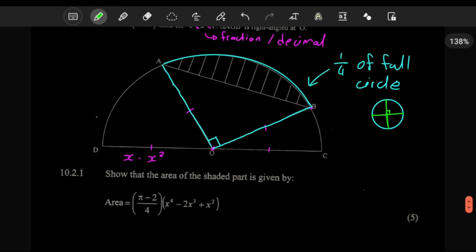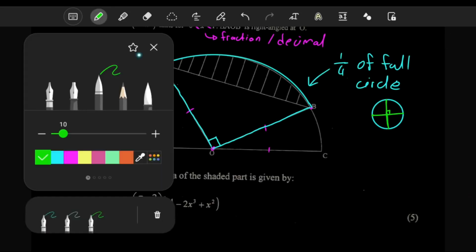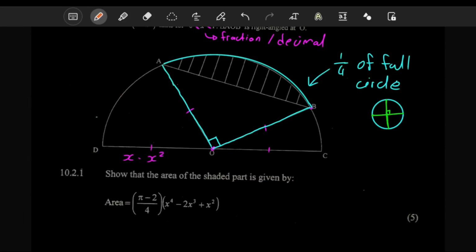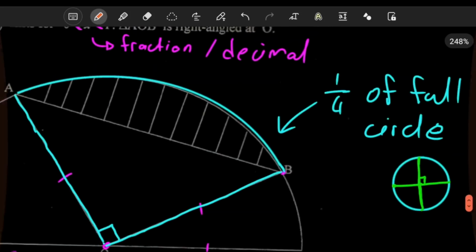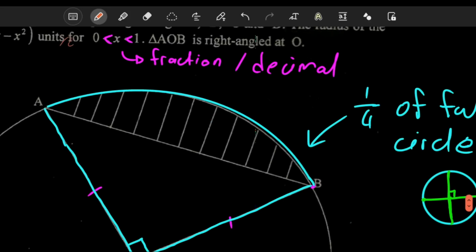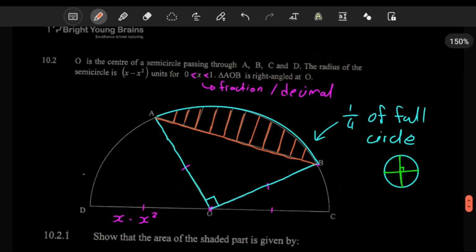For 5 marks, they said show that the area of the shaded part. Yeah, area of the shaded part. These questions are not from heaven, let's not lie. They want us to get that shaded region.